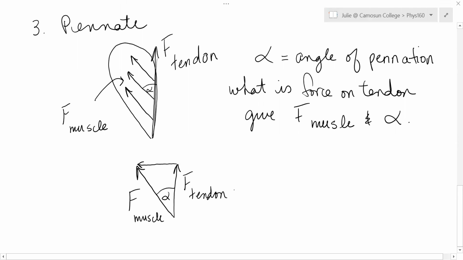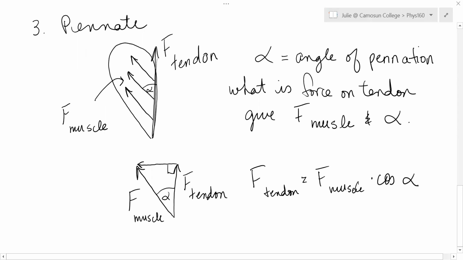So once again, you're getting pretty good, I hope, at recognizing the triangle and whether to use cosine or sine. So this tendon force is the adjacent side to the angle alpha, so it's a cosine. So F tendon is equal to F muscle times the cosine of the pennation angle.